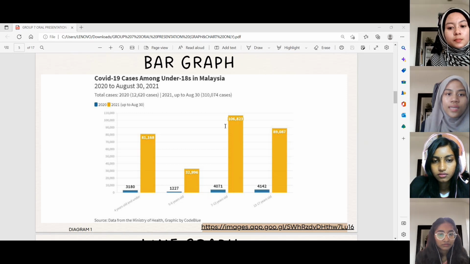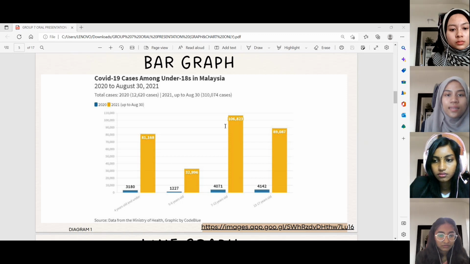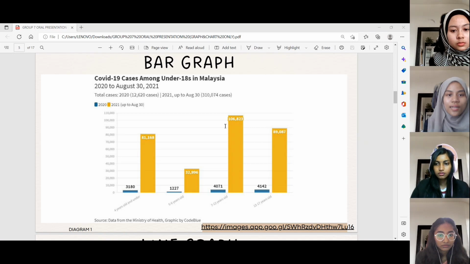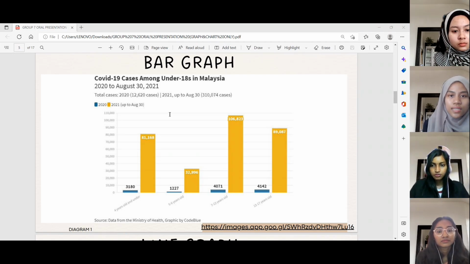Next, the number of cases for children aged 7 to 12 years old was marginally lower than for 13 to 17 years old. It can be seen that there were 4,071 cases recorded for children aged 7 to 12 years old, while for children aged 13 to 17 years old, 4,142 cases were recorded.